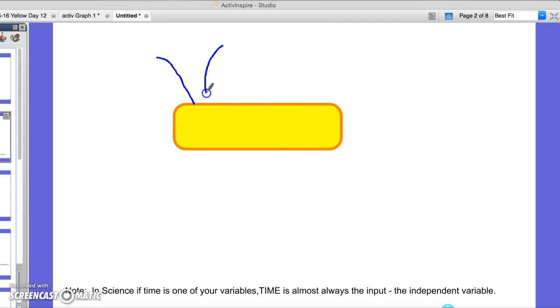So something comes in, and then there's an output. Something comes out.